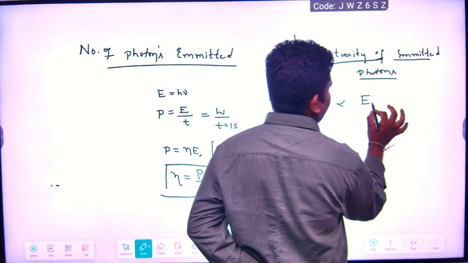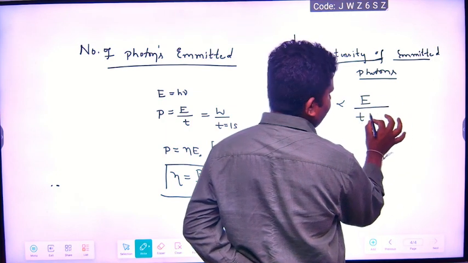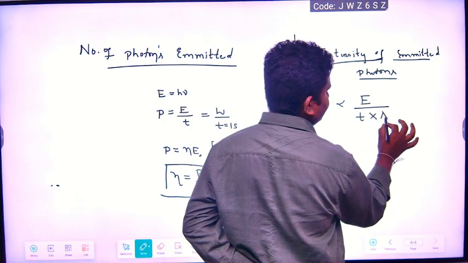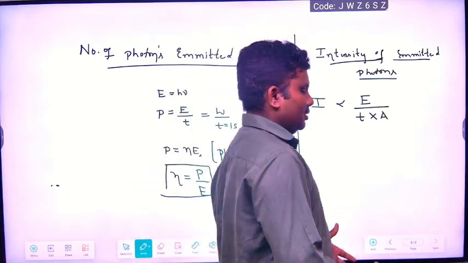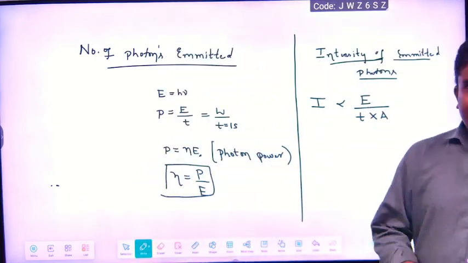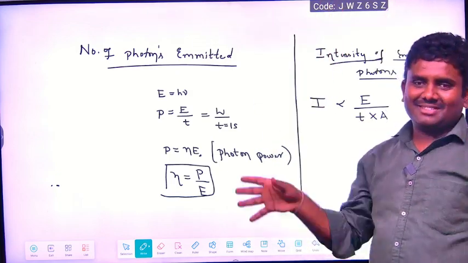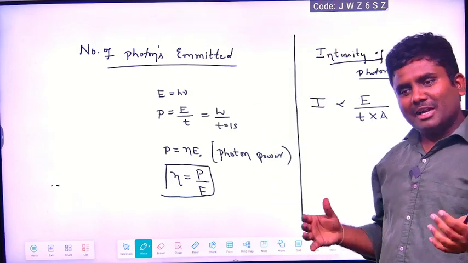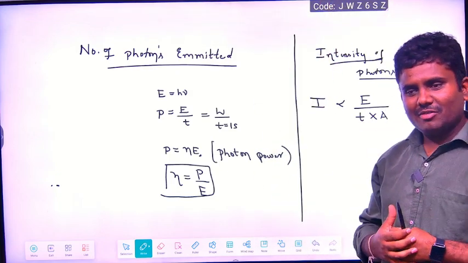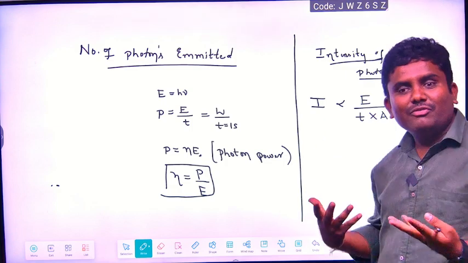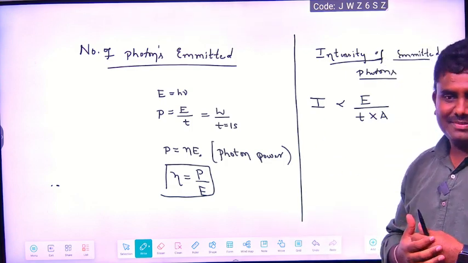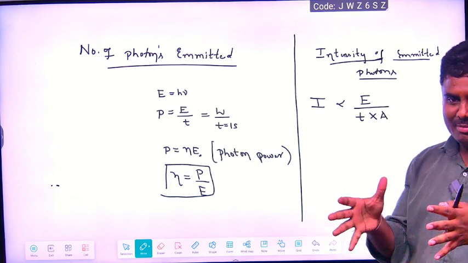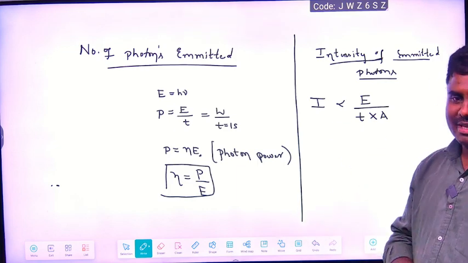Energy per second per time interval per unit area. See, intensity means what? Energy flux. Brightness. How will you get maximum brightness? If you have a maximum number of photons, that means maximum intensity will come.